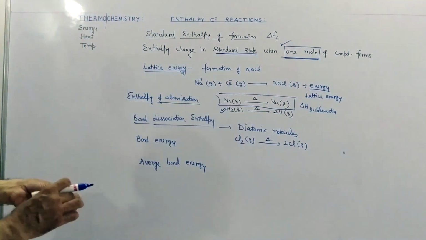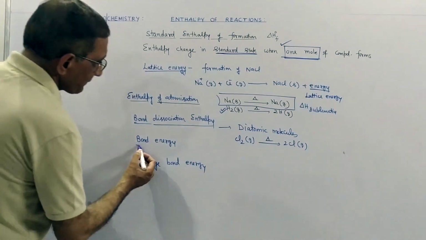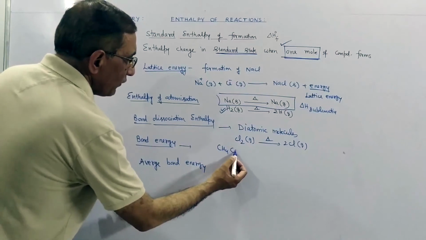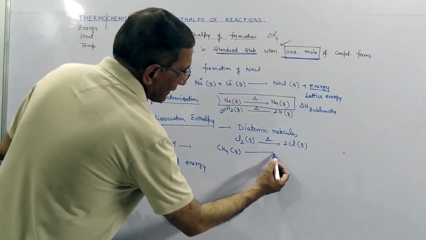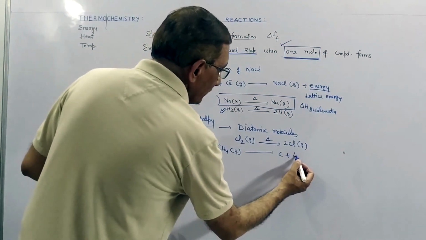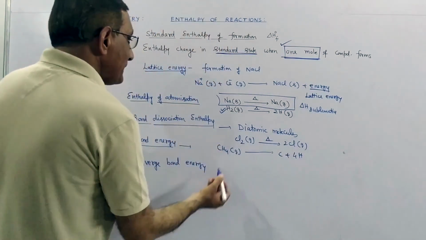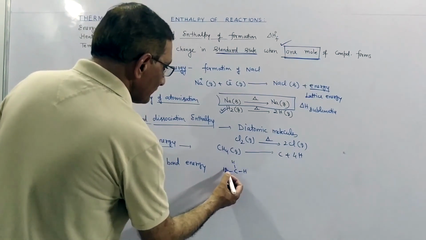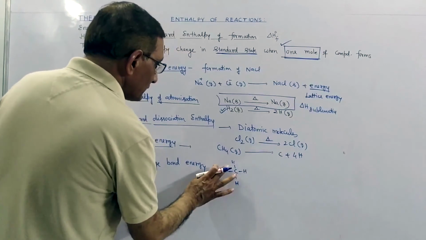Now what is bond energy? If you take 1 mole of methane and convert it into carbon plus 4 hydrogen, it means we are breaking all the 4 bonds here, like this.